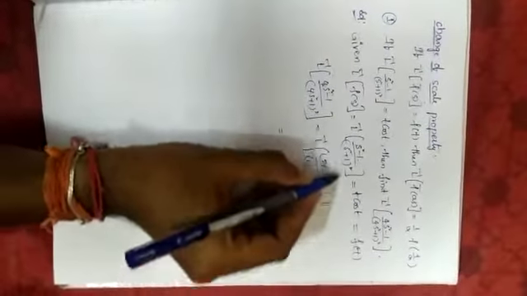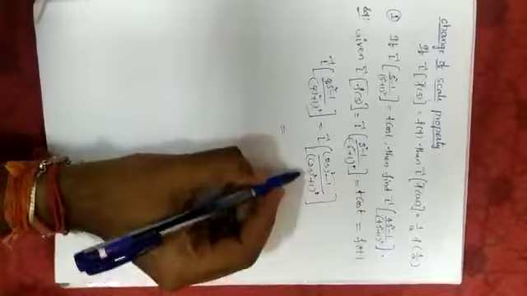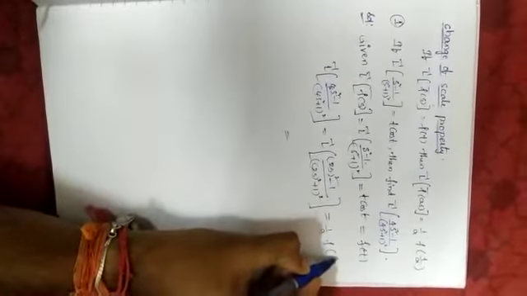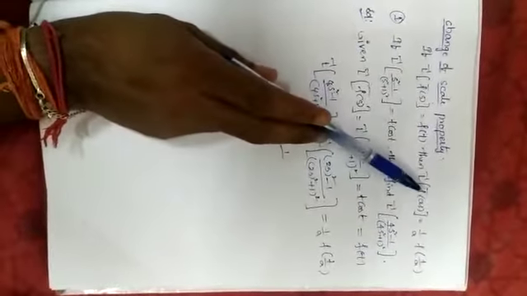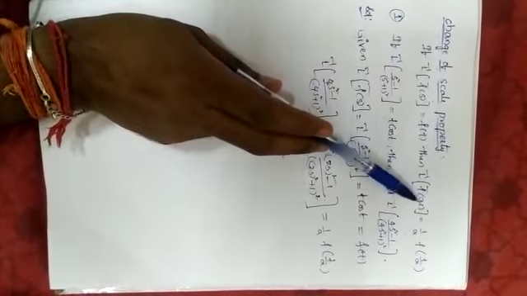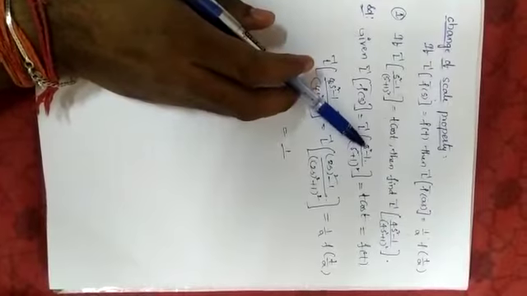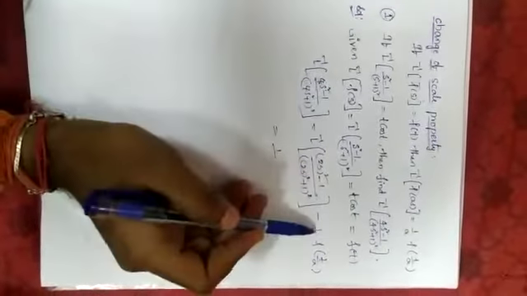Now this value will be 1 by a into f of t by a, right? So write 1 by a. What is a here? Compare. The Laplace inverse of f bar of as is there, so in place of s we have as. That means in place of a we have 2.